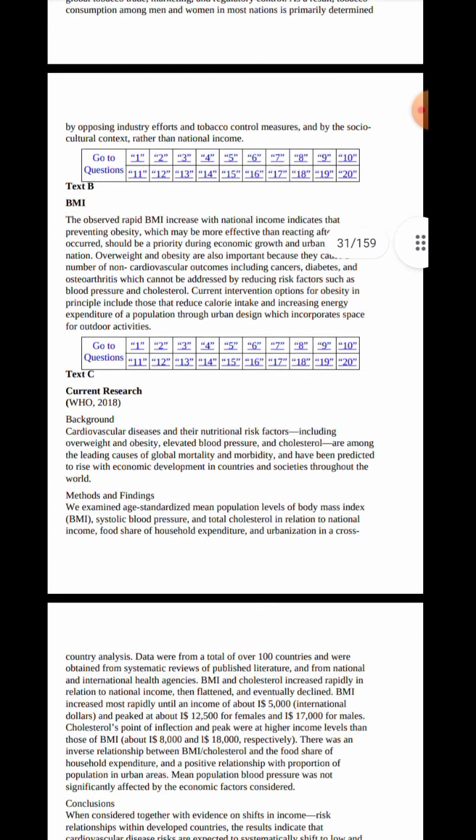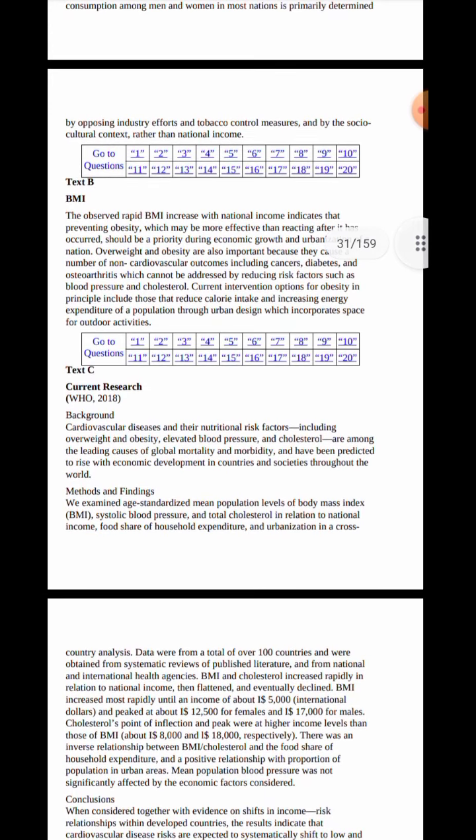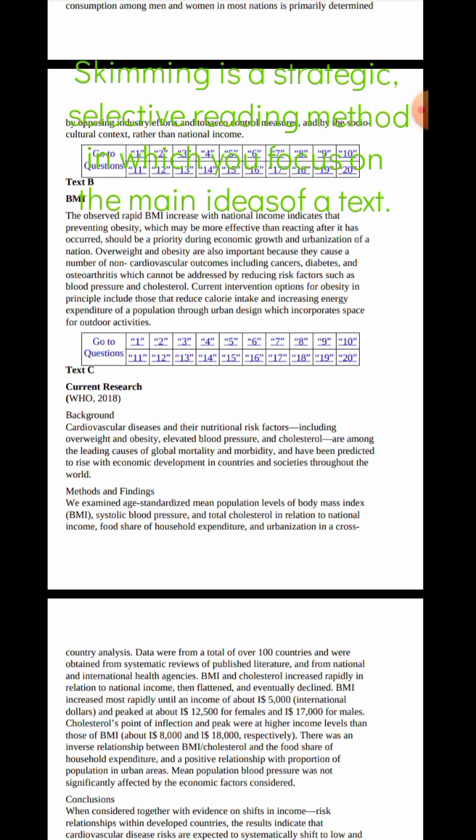Now, after locating the two keywords, holding on to them, and ruling out the unlikely text, this is where speed is important. Because you are not so sure of the text where they are being used, we need to skim and scan, and we need to do that real quick.